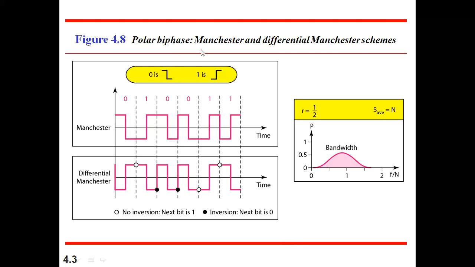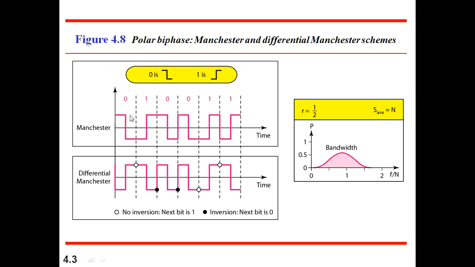First, we will see the Manchester scheme. In this, the input data is 010011. We can observe it is a combination of NRZL and the RZ. In NRZL, what we do usually, whenever there is a zero, we take the positive voltage high, and whenever there is a one, we take the negative voltage level.